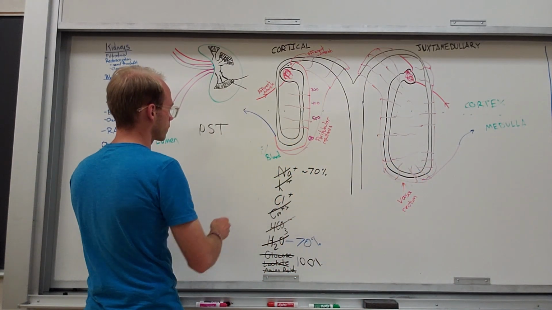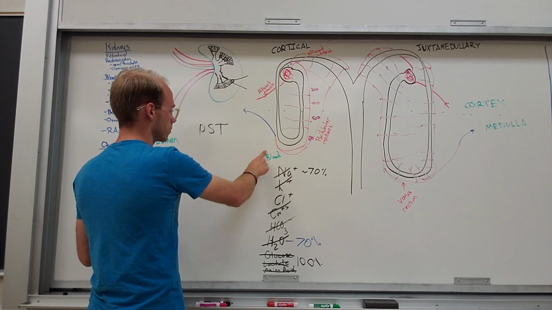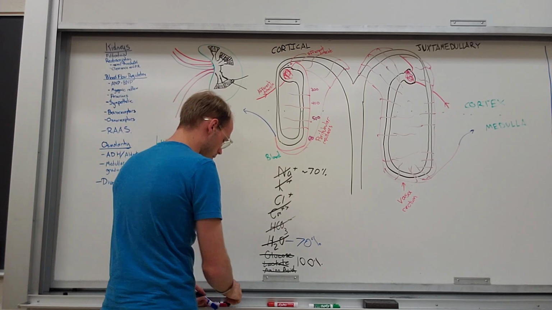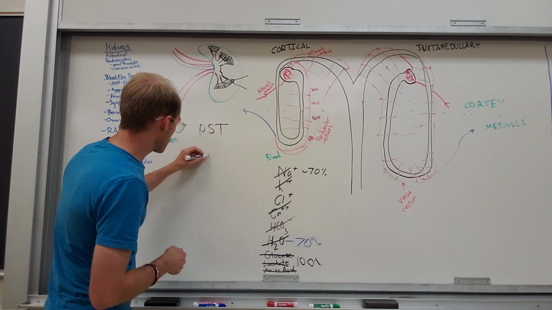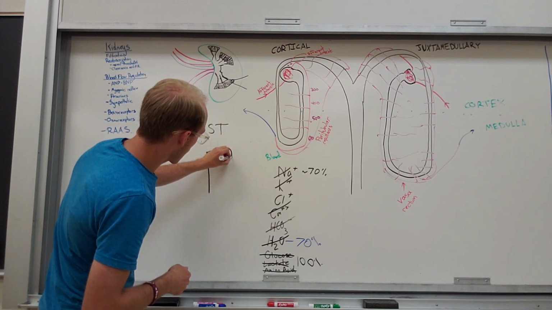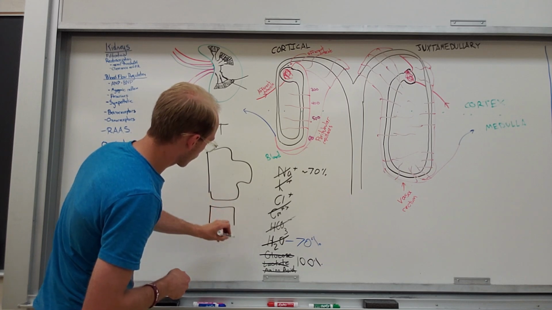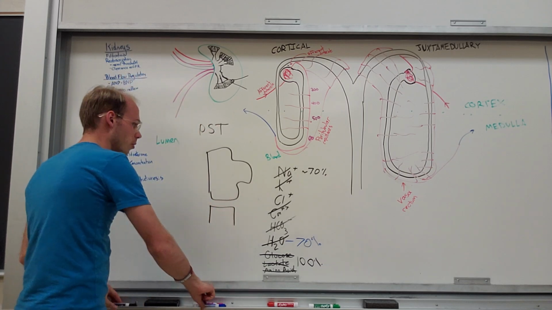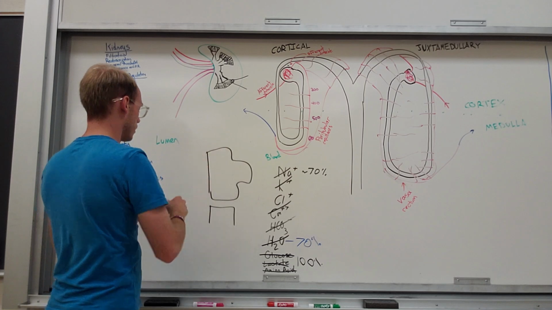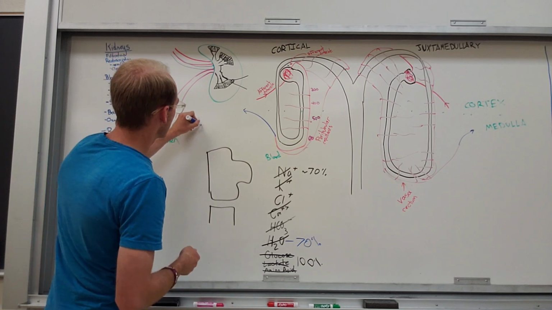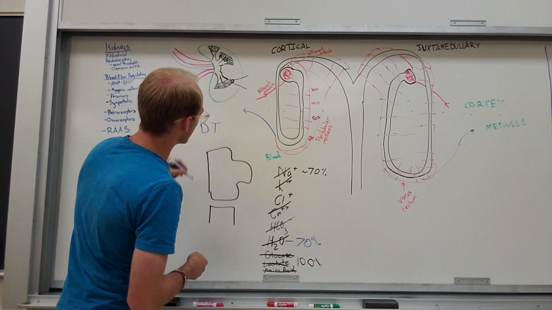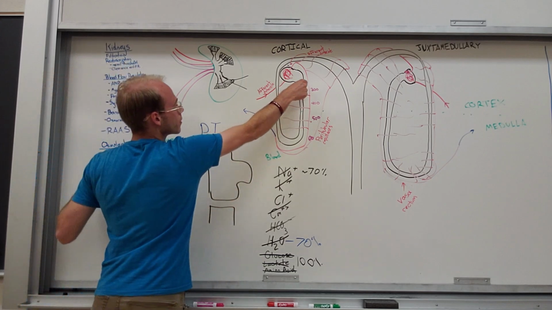We're just going to leave that as blood. ICF, blood. Cool. Let's draw our cells again. Great. So this is now the descending tubule or descending loop. So that's this section.